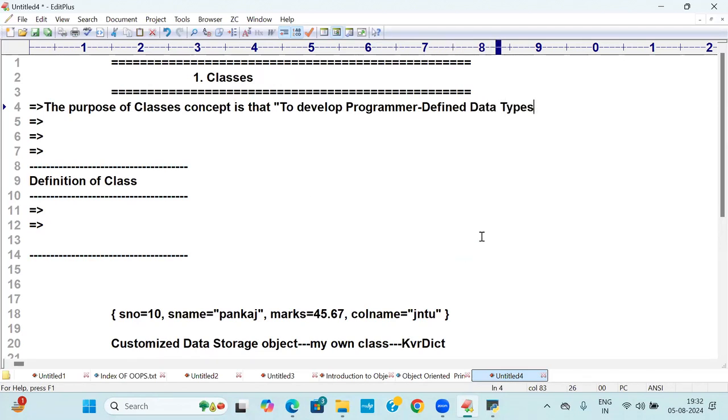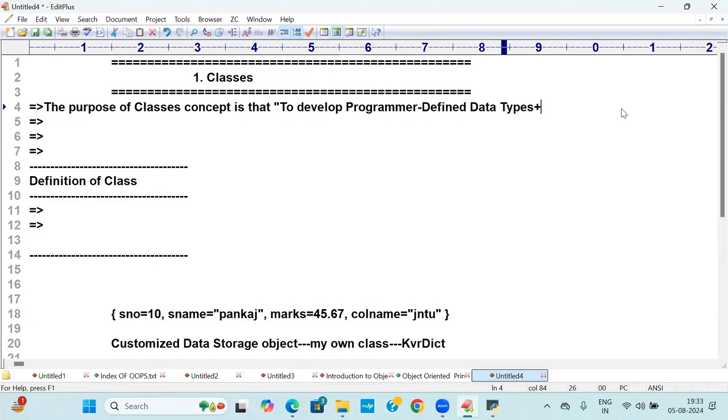Sir, why programmer defined data types? To store customized data. Are you following me? Plus, to develop any real-time application in OOPS, you have to start with the classes concept.